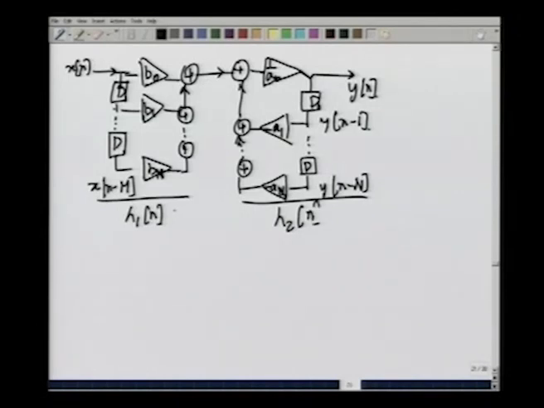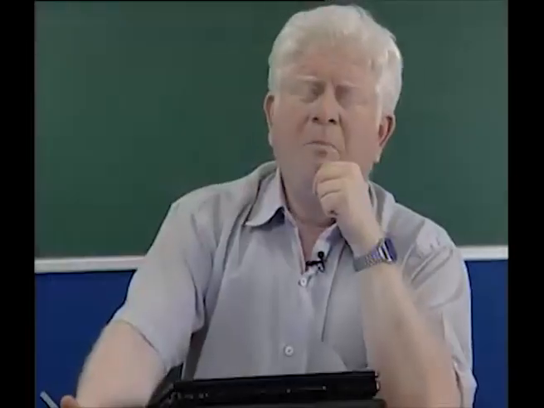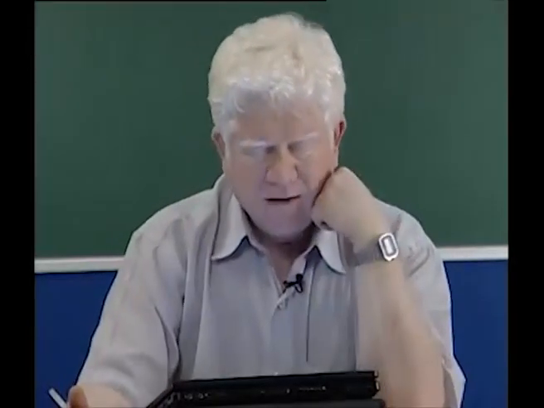Now, h1[n] is FIR, as you know. h2[n] is IIR. Okay. More importantly, since these two diagrams have a lot in common, we can rearrange these two diagrams.